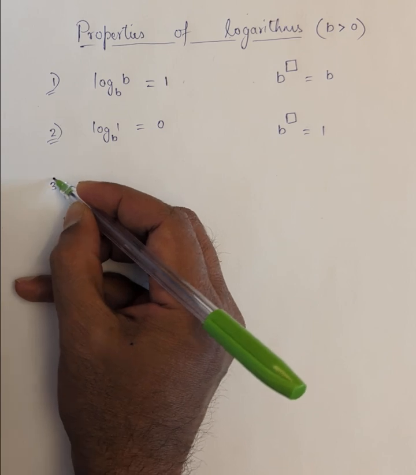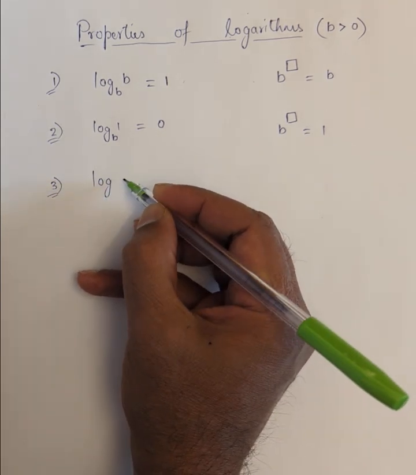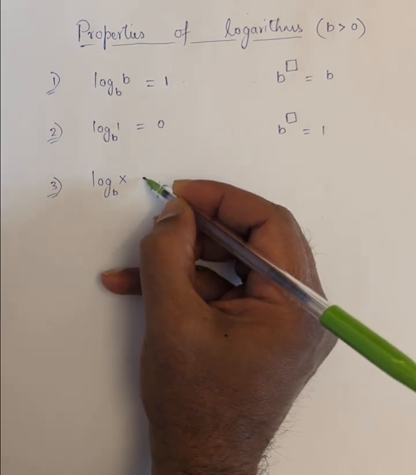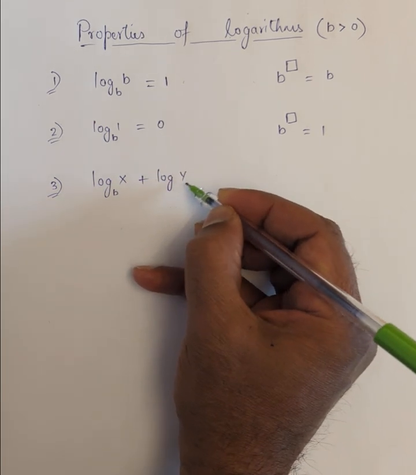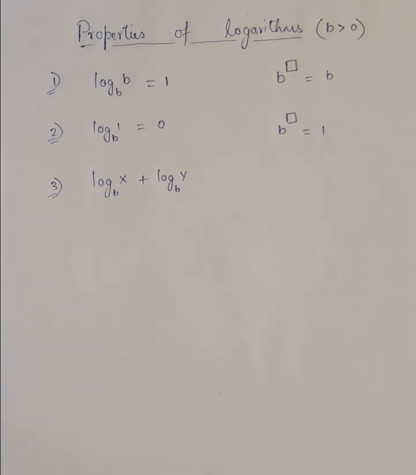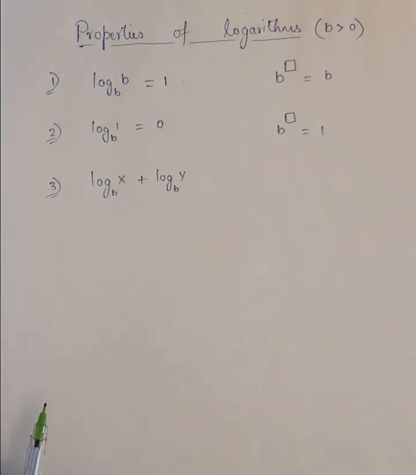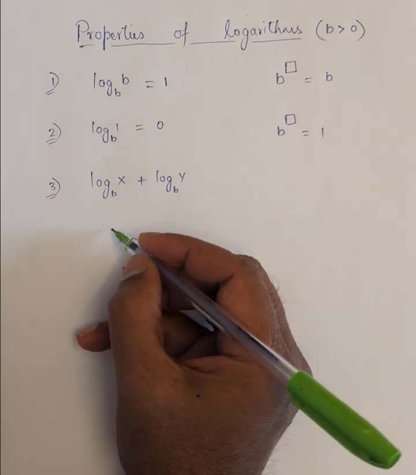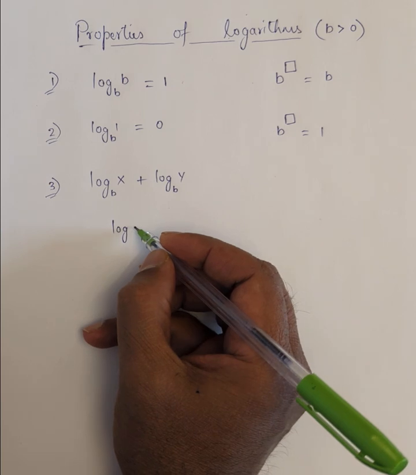Now let's see if there is a way to combine two or more logarithms. So let's say log x base b plus log y, again to the same base. Now it would be nice if we could combine these two logarithms into a single logarithm. So for that, let's think back to the properties or definition of logarithm and properties of exponents.